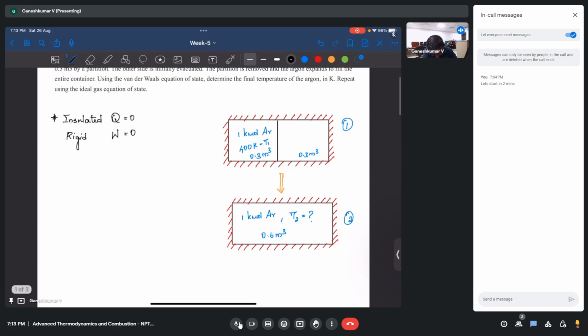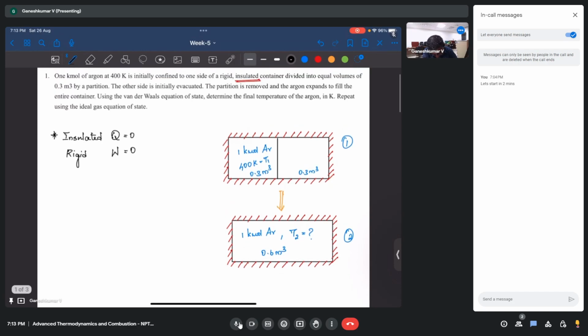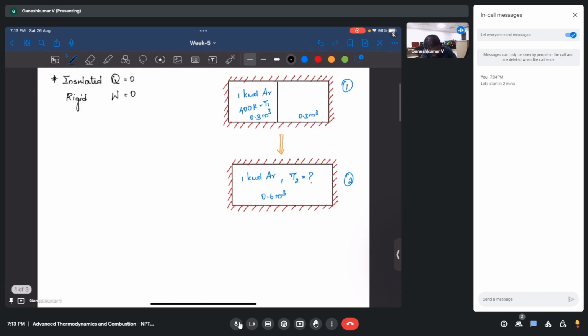Since Q and W are 0, we know from the first law of thermodynamics that the change in energy, which we write in terms of internal energy because kinetic energy and potential energy are not going to change here, is Q minus W, which is simply 0. So from the first law, del U is equal to 0.